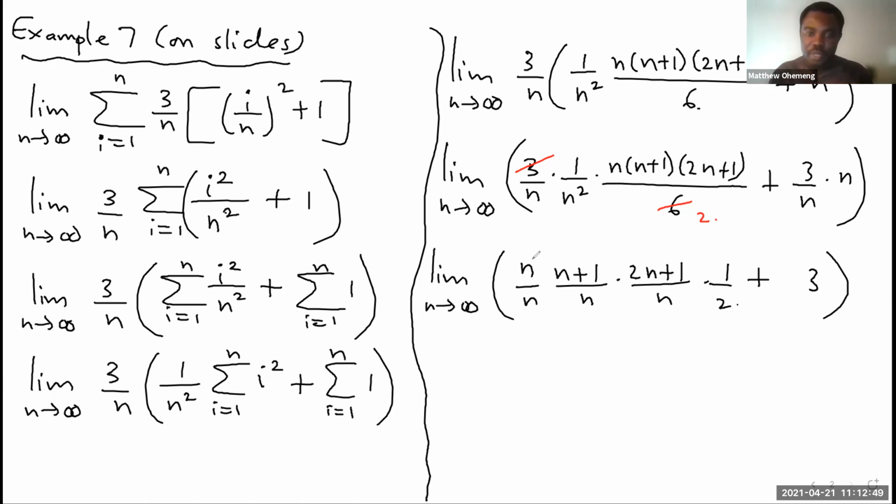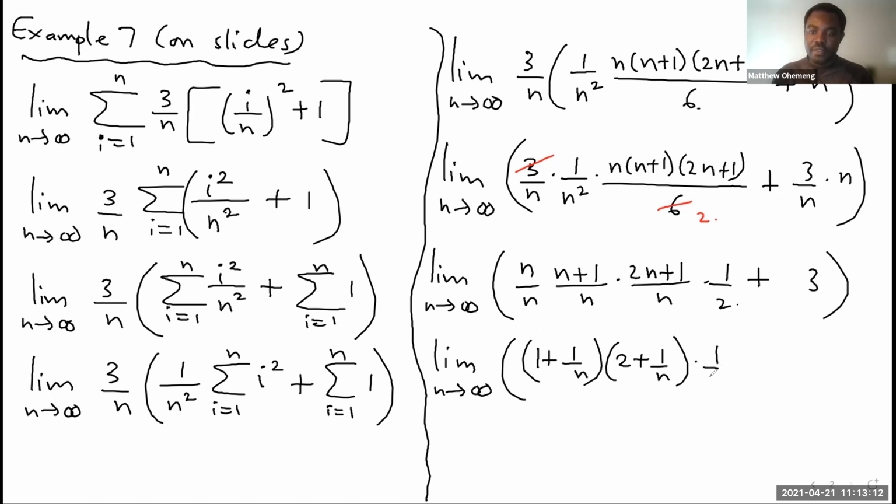Okay, now let's proceed. For n over n, they will cancel out, right? So we have the limit as n approaches infinity. For this first one, it just gives us 1. And then for this side, I can write it as 1 plus 1 over n. For this second piece, I can write it as 2 plus 1 over n, right?